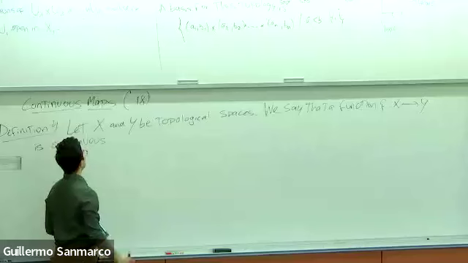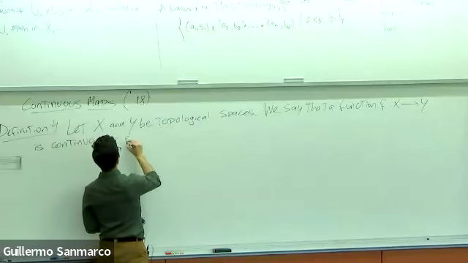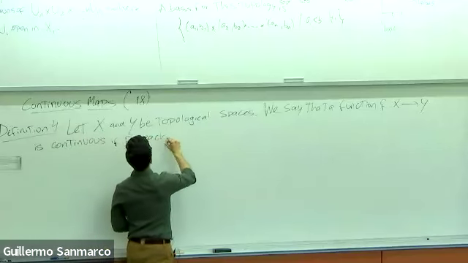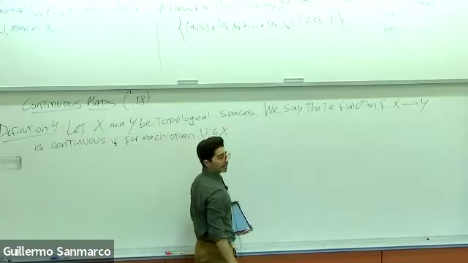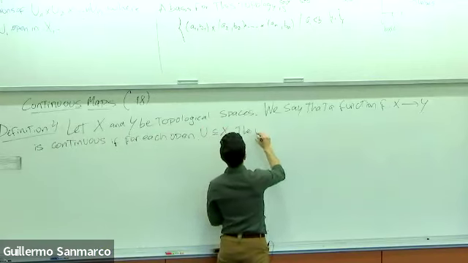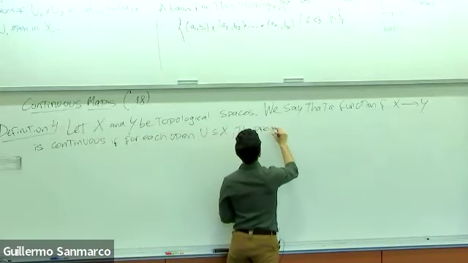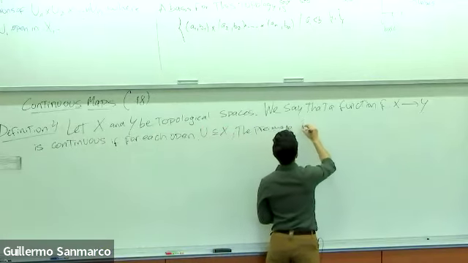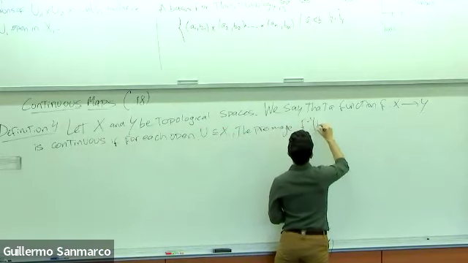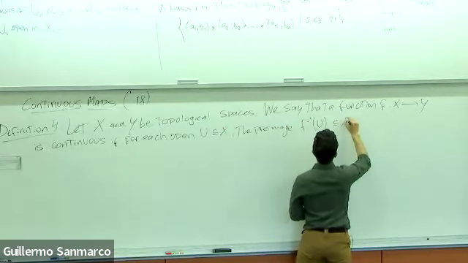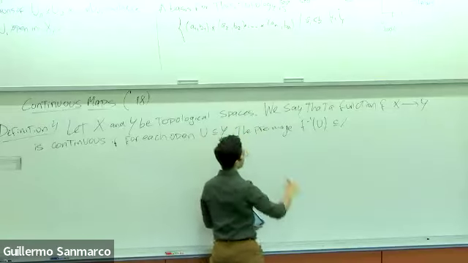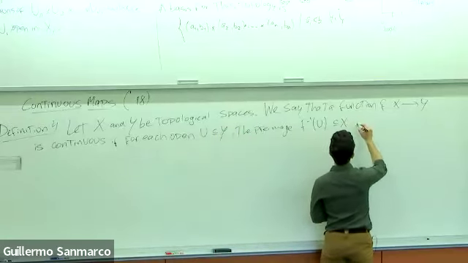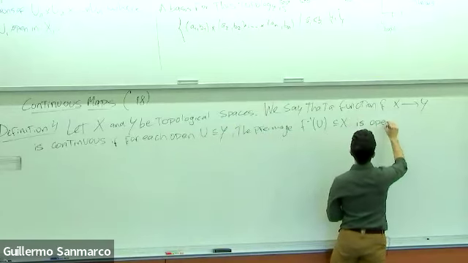So we say that a function is continuous if for each open U in Y, the preimage f inverse of U, which is a subset of X, is open.